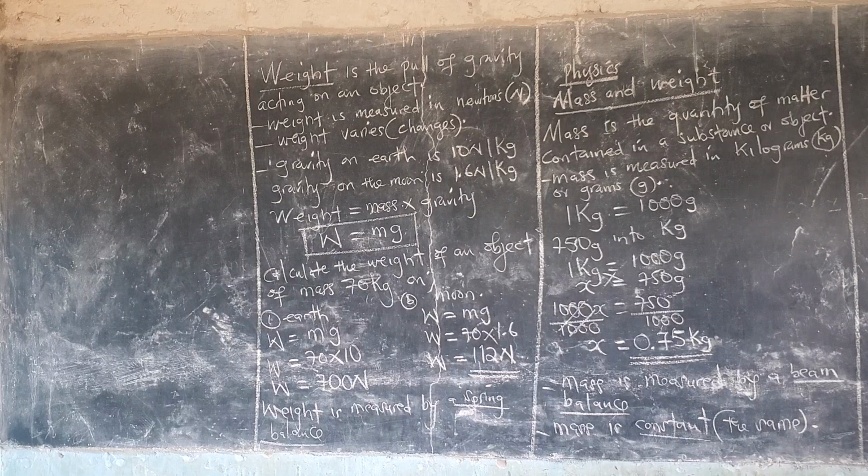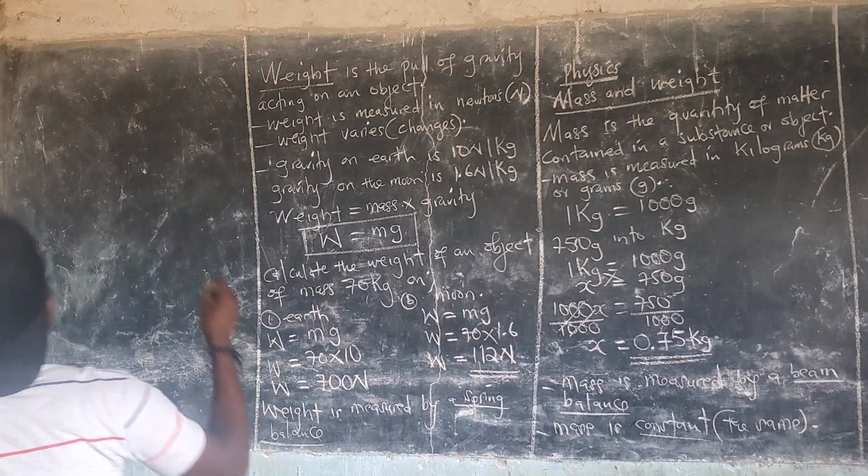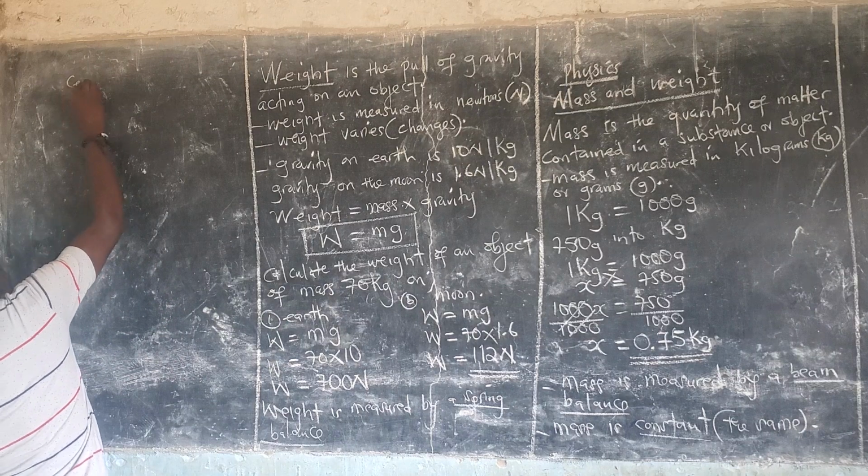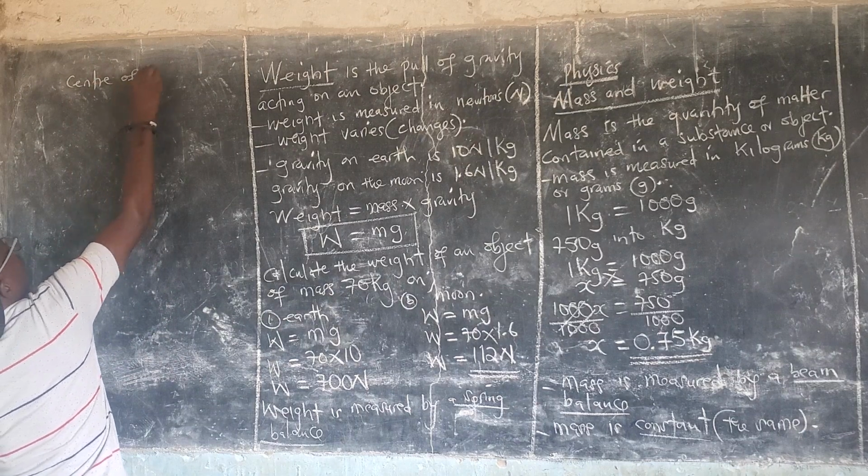Now, looking at the last part, we're looking at the stability of an object. So first thing we're supposed to understand is what center of mass is.